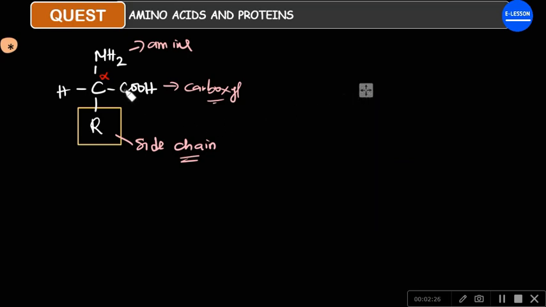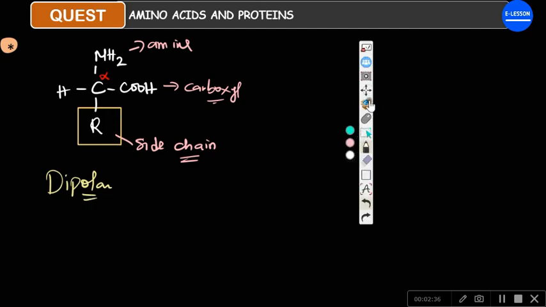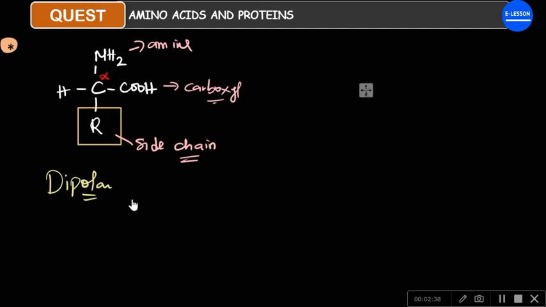So how is the Zwitter ion like? Now the Zwitter ion is dipolar. When you say something is dipolar, it means you have a positive charge and a negative charge. If you protonate this group here, it gives NH3 plus, which is positive, and then of course you have carbon, you have hydrogen, and then here will be COO minus, and then you have R, which is the side chain.